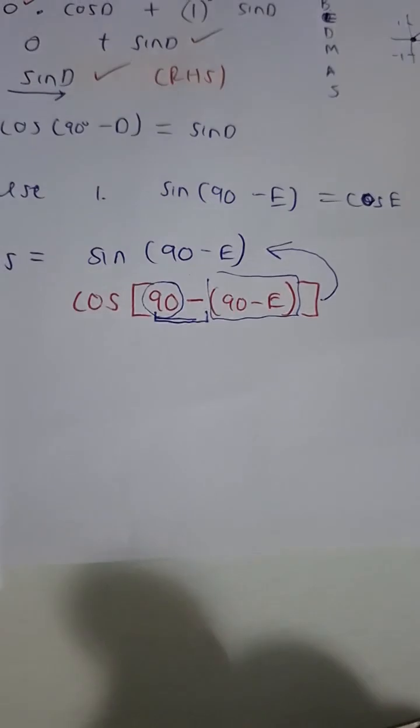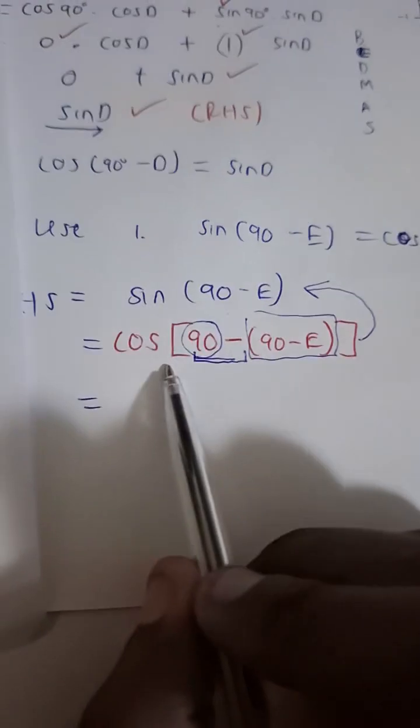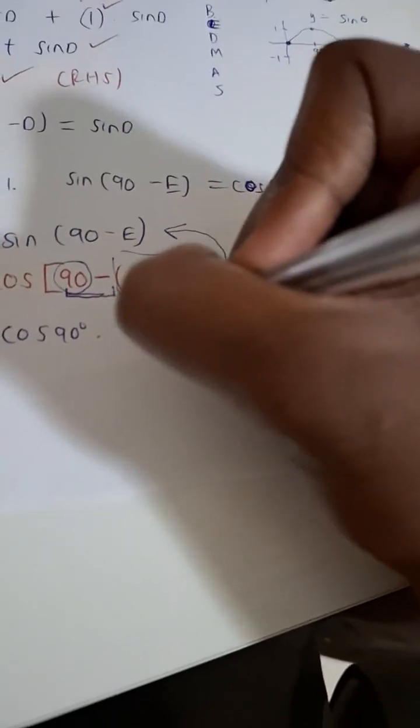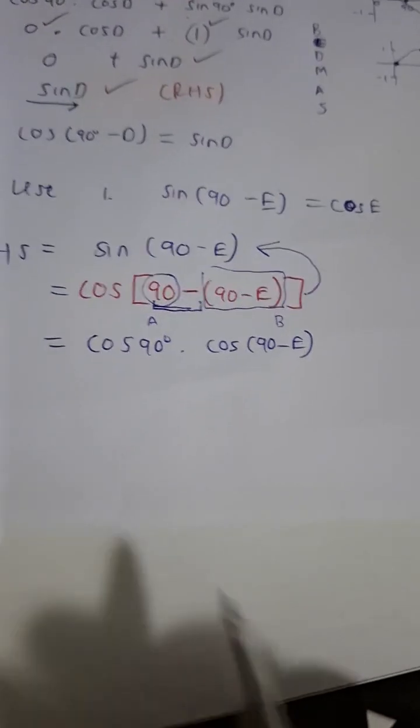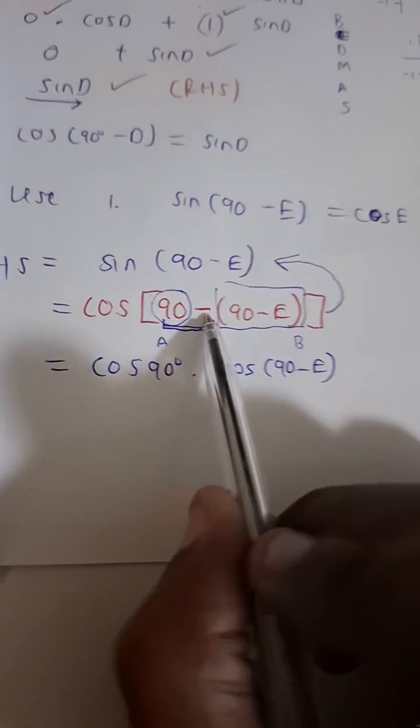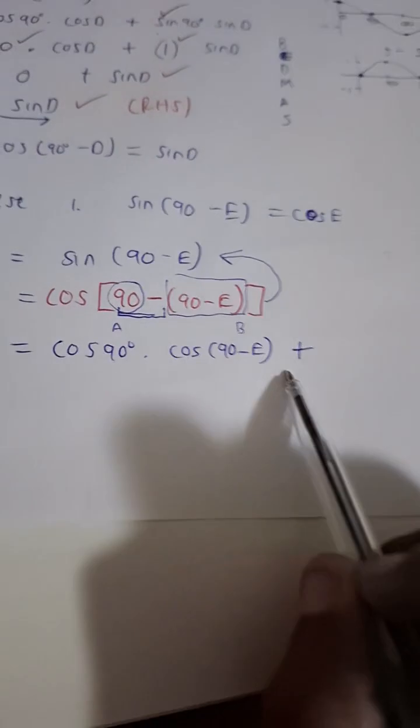Now that I have sine in terms of cos, look at this. This is like my A, this is like my B. So now I'm going to expand it. What is this equal to? This is equal to cos of 90 minus e. This is like saying cos A, cos B. Does that make sense? Then remember, if there's a minus sign, I change the minus to plus.